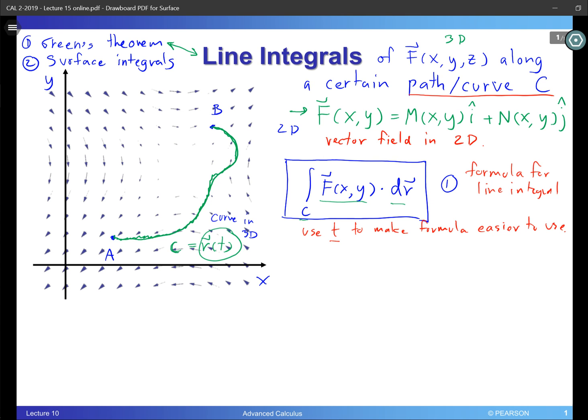You can look it up again, but in the end, this r of t becomes the curve that we want to travel from A to B.